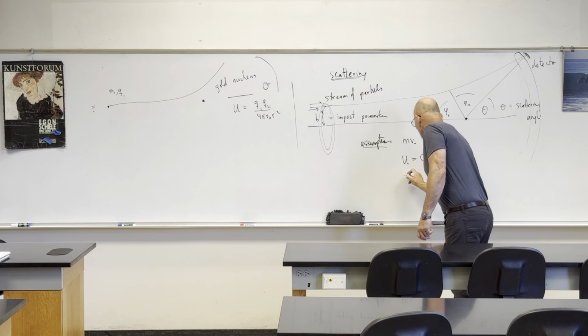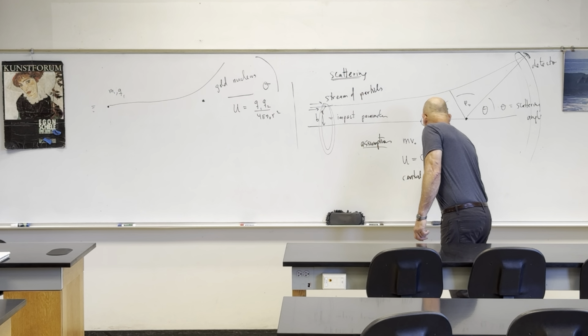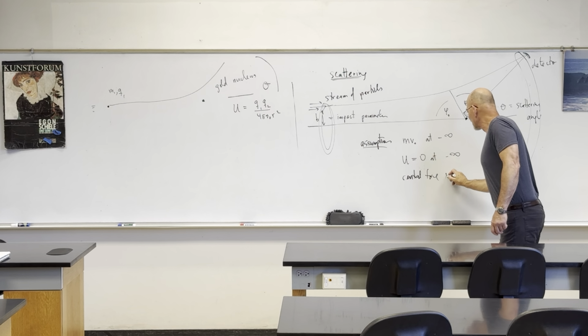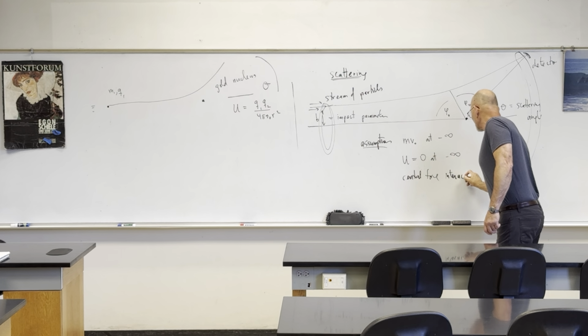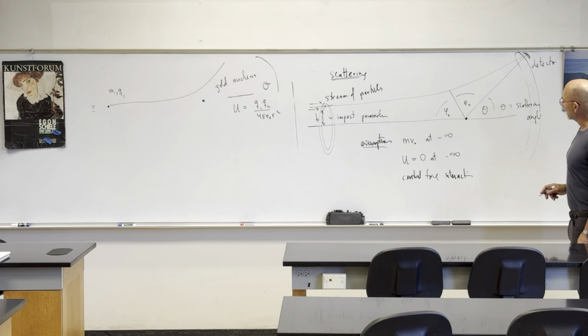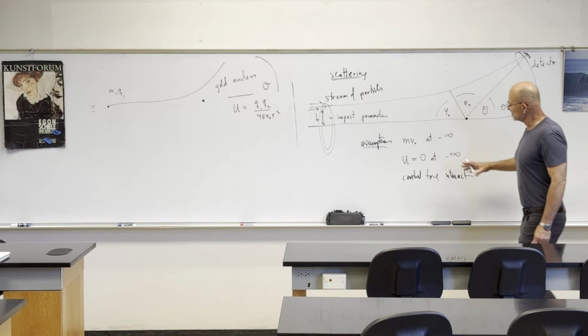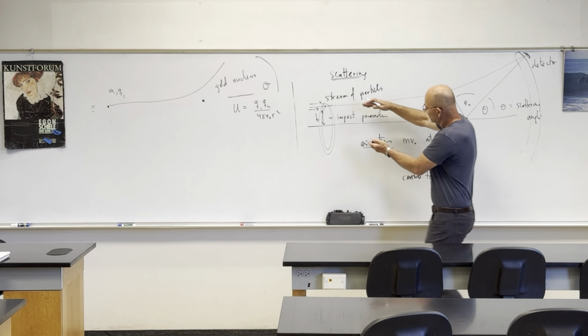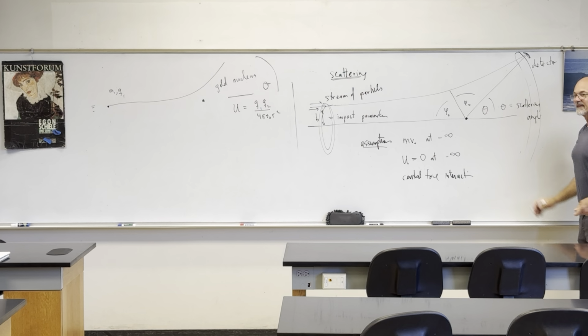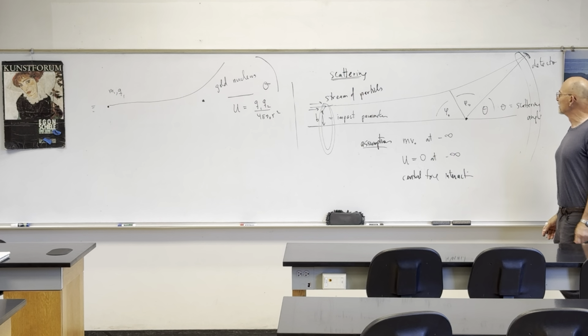And then the assumption will be that we have a central force interaction with these particles. And so with those assumptions, we can get a relation between what's going on over here and what's going on out here. And that's what's compared experimentally.